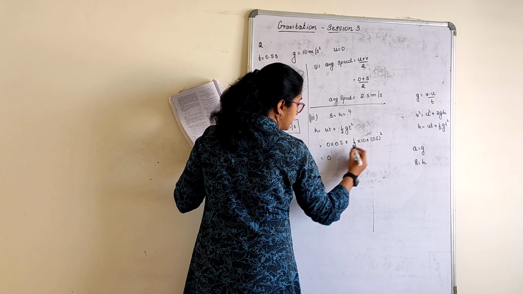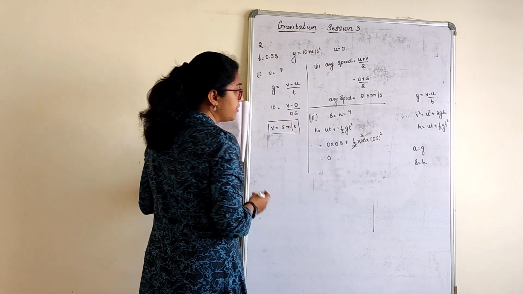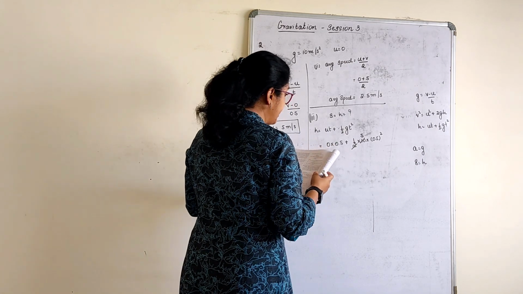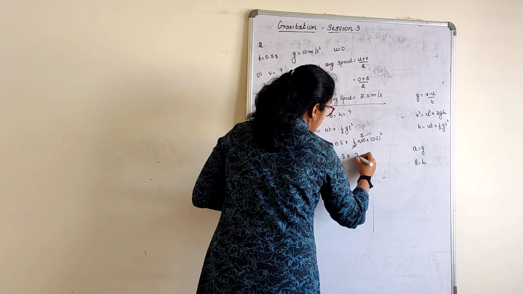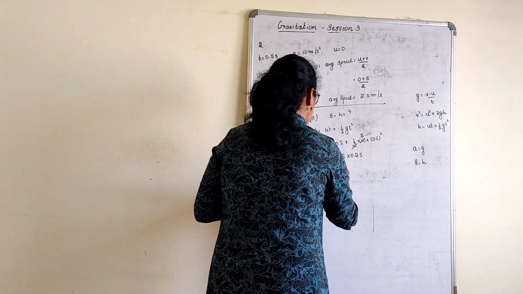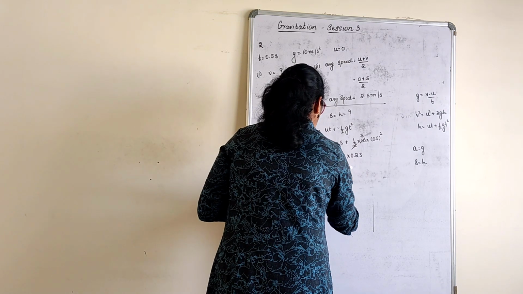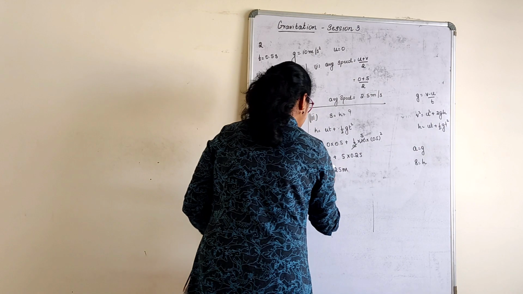So 2 ones are, 2 fives are 10, 5 square is 25. So 0 plus 5 into 0.25, 25 fives are 125. So 1.25 meters.